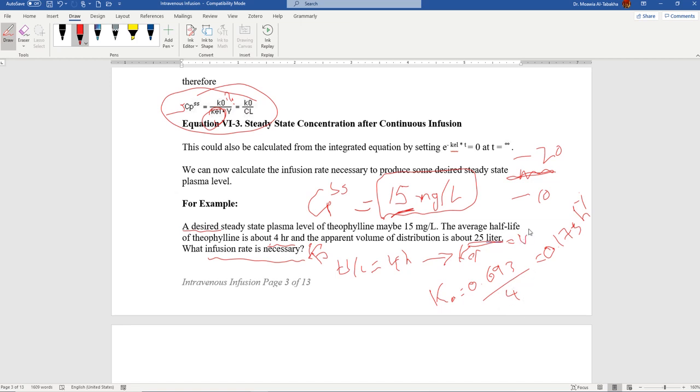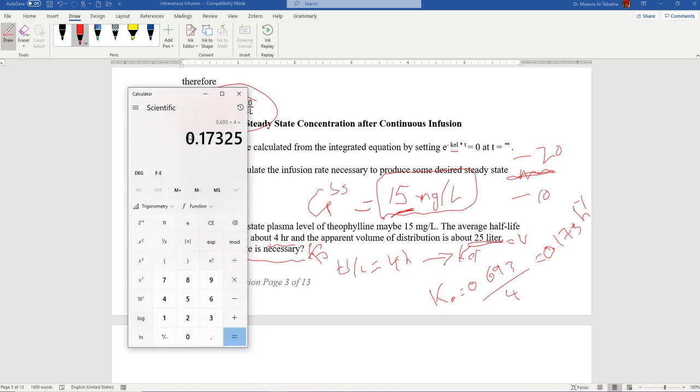So what do I do? How do I get K0? I multiply the 15 milligram per liter by KEL, which is 0.173, and then multiply it by V, which is 25 liters, and I will get K0. Always check that the units are uniform with each other.